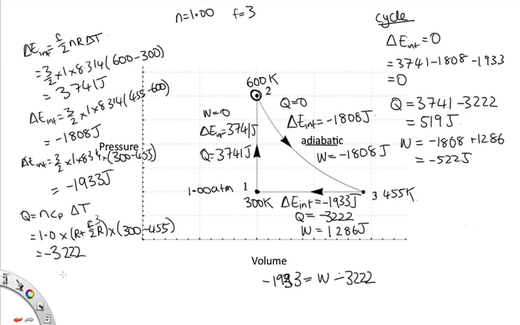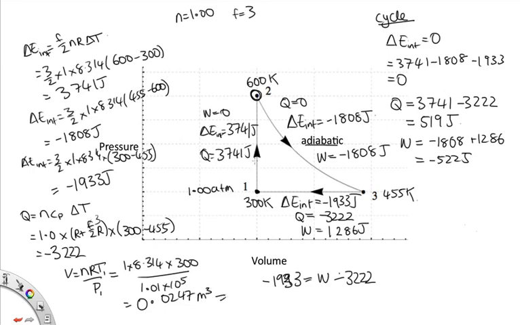So just using the ideal gas law, PV is equal to nRT, we have V is equal to nRT on P, at 1. So this is 1 times 8.314 times the temperature at 1, which was 300, over the pressure at 1, 1.01 times 10 to the 5. Solving that on the calculator, we end up with 0.0247 meters cubed, and the volume's not changing, so this is also the volume at 2.